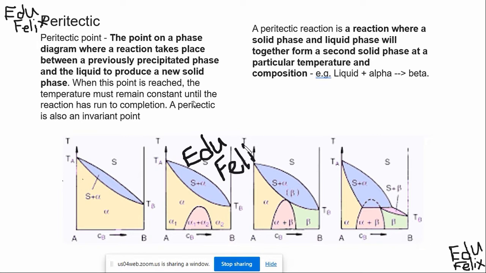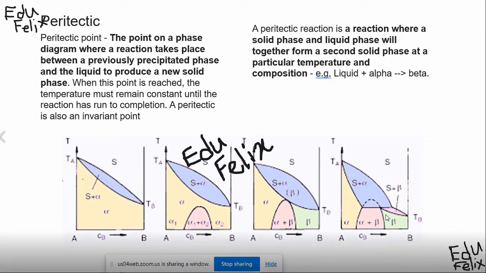When this point is reached, the temperature must remain constant until the reaction has run to completion. So likewise here, after this we have beta, not alpha, right? So solid alpha is formed in this case.